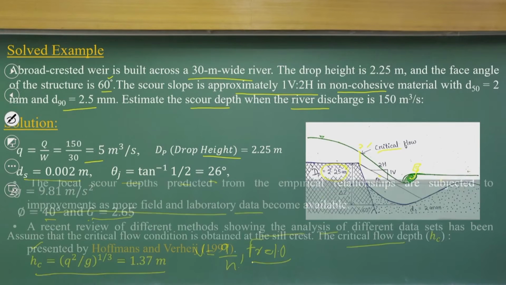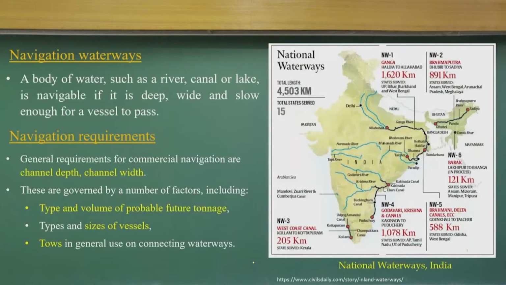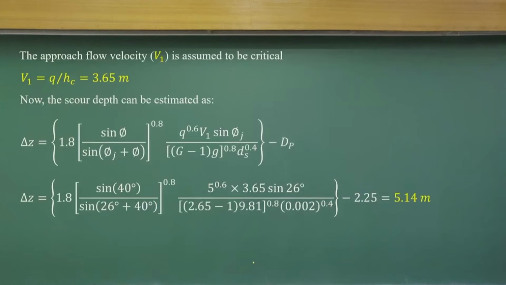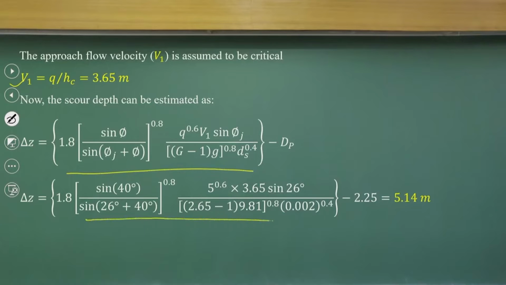Now, we are getting the V1 for the critical depth, then we are just substituting these values as given to estimate what the delta z will be. Here it comes out to be 5.14 meters, and this is the drop height, and we are computing what the scour depth will be.